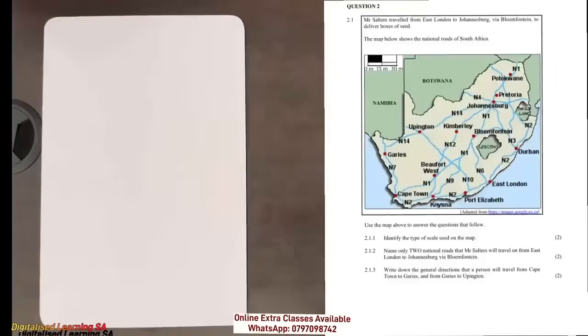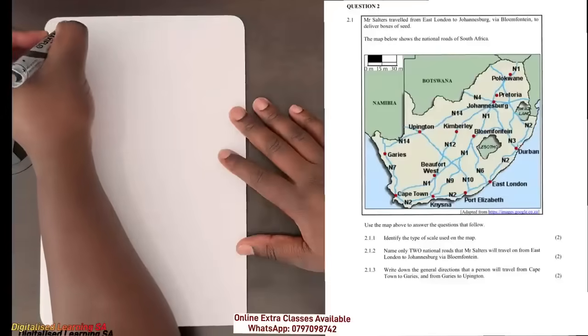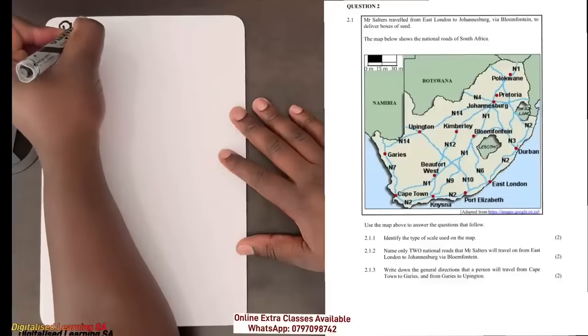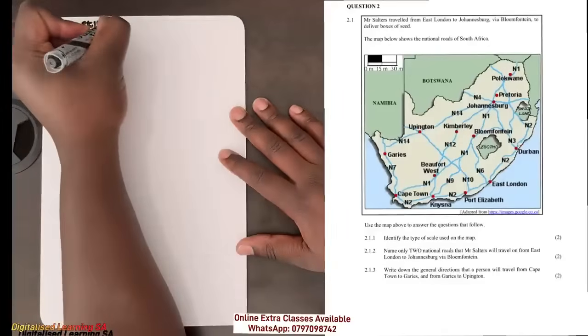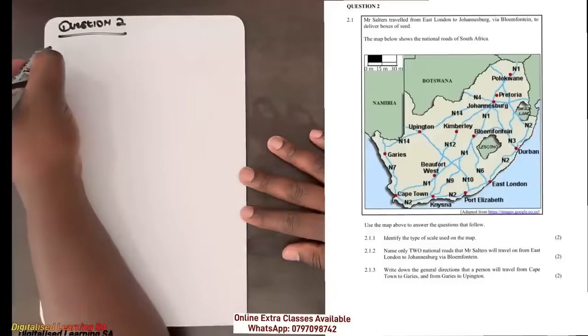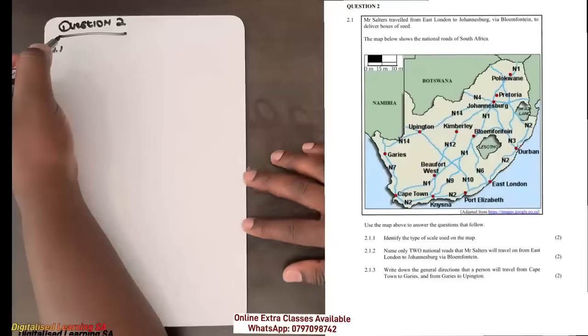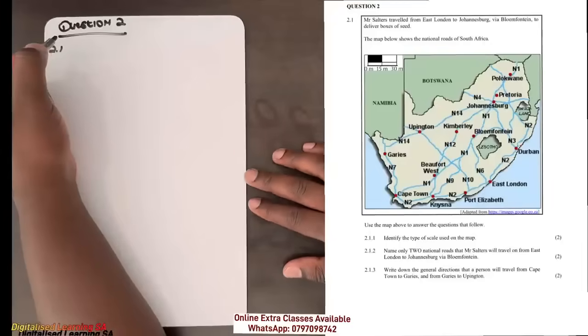Now we are going to start with question 2. And without wasting any time, let's get down to it. So we'll start with question 2.1. In question 2.1, we are told that Mr. Salters traveled from East London to Johannesburg via Bloemfontein to deliver boxes of seed.